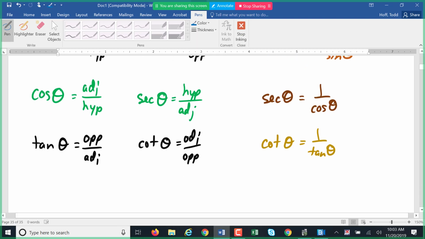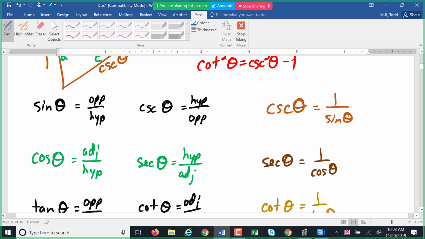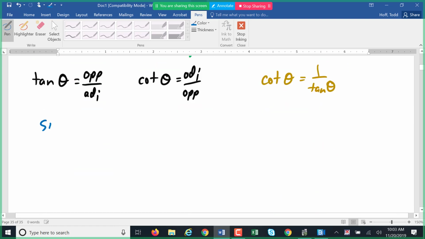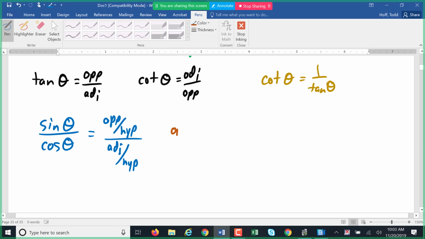Now we might also see, since sine is opposite over hypotenuse and cosine is adjacent over hypotenuse, if I take the sine divided by the cosine of that same angle, I have opposite over hypotenuse divided by adjacent over hypotenuse. If I do that division, opposite over hypotenuse multiplied by the reciprocal, so instead of divided by adjacent over hypotenuse, it'll be times hypotenuse over adjacent.